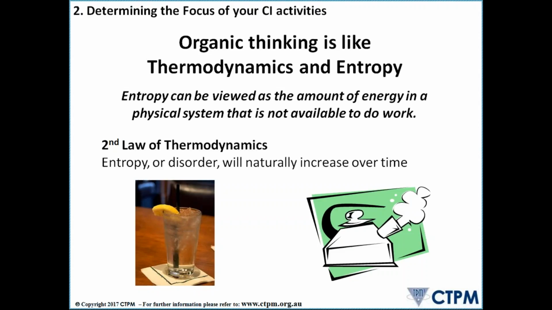This is where some energy going into a system will actually dissipate. And they came up with this term entropy. Entropy can be viewed as the amount of energy in a physical system that's not available to do work. They generated various laws to support thermodynamics, and one of them was the second law, which is that entropy or disorder will naturally increase over time.